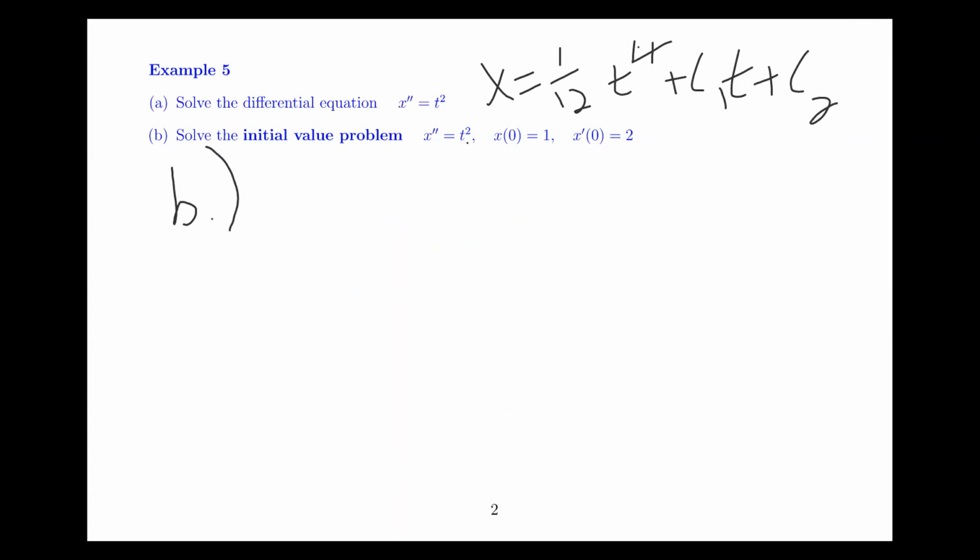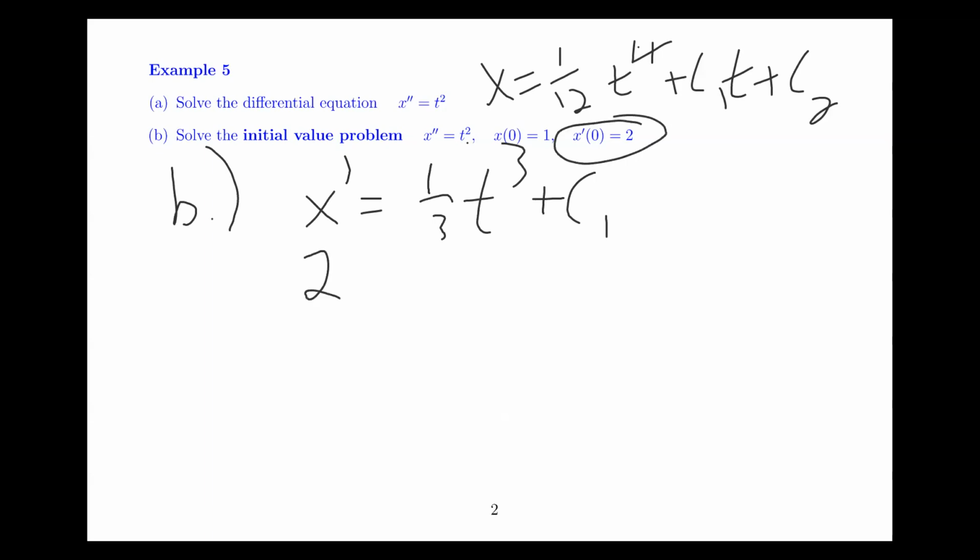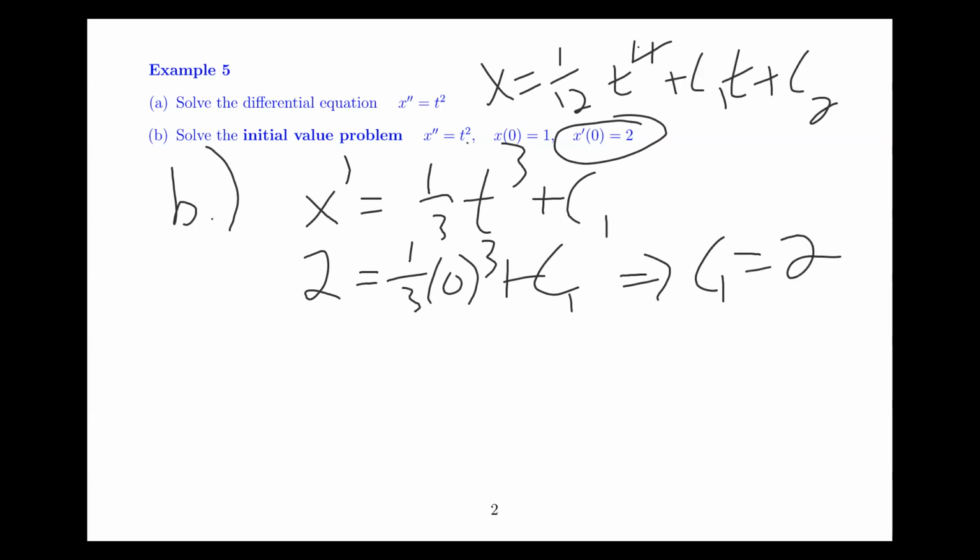So part B, we had x prime was equal to 1/3 t cubed plus c1. So here we need to find out what c1 is. We can plug in x prime of 0 is 2. So 2 is equal to 1/3 times 0 cubed plus c1, which implies that c1 is equal to 2.